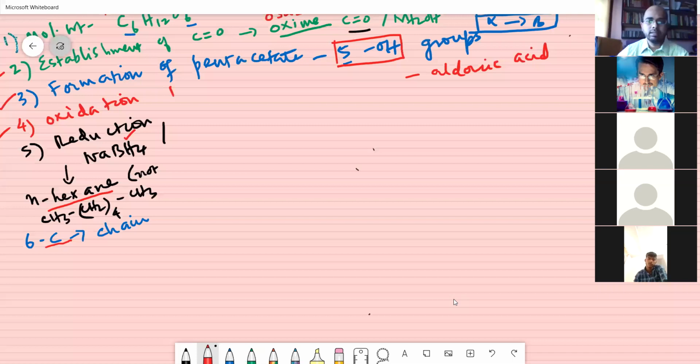I'll just draw another structure, another slide. So here is the structure.